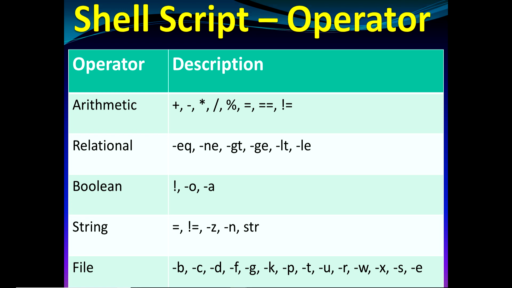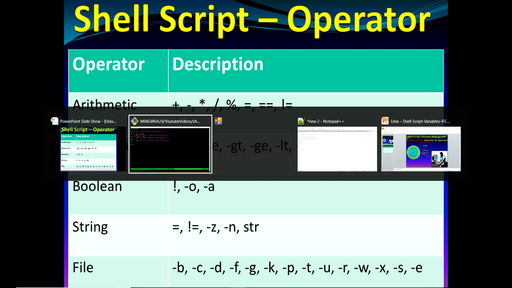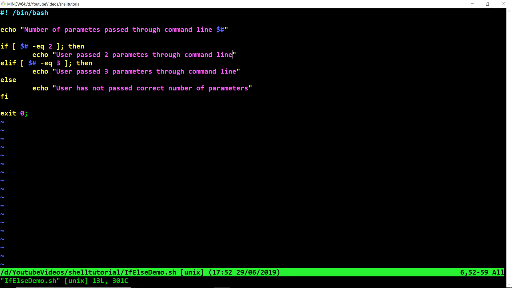So since we have already seen equal to, let's quickly verify this minus z and minus n. Why do we need them and when to use them? That hyphen n basically tells whether a string is empty or not. And similarly, the hyphen z also checks whether the variable is an empty string or has some kind of value.